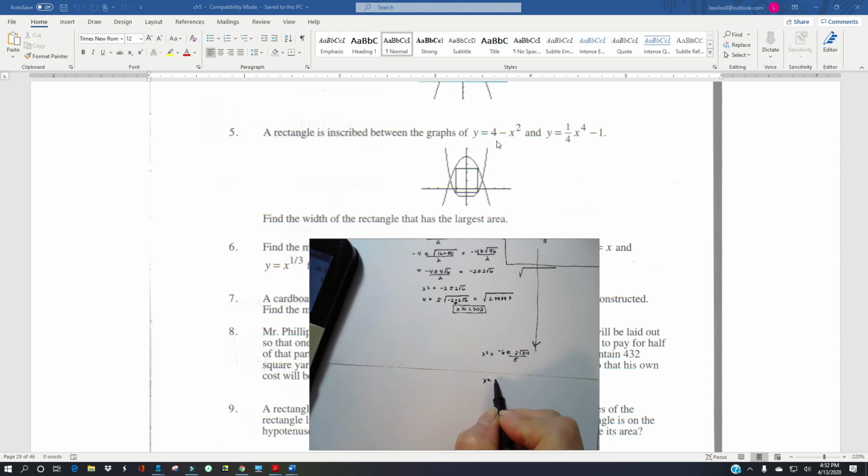I can't divide anything in, so I'm just going to say x equals the positive square root of this little nightmare here. Wow, this is ugly. Negative 6 plus or minus 2 root 34 over 5.